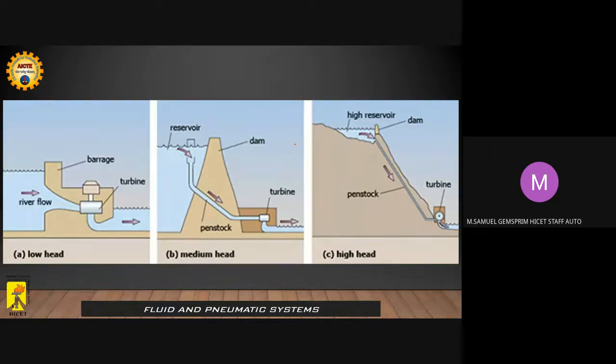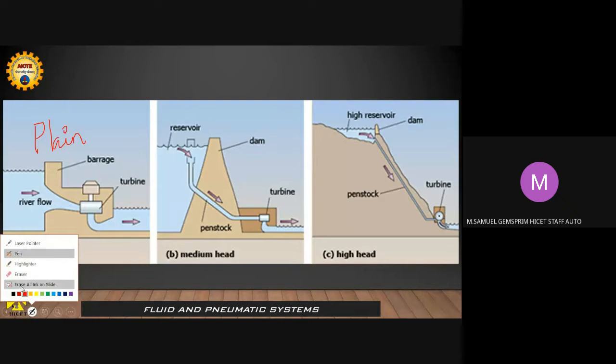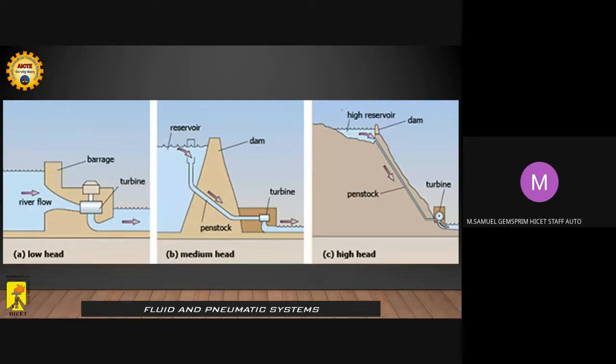So a low head turbine is mostly installed in plains or flat terrains, and the medium head is normally used in flat terrains or in some hilly regions. The third category, high head, is mostly fitted in hilly or mountain regions.